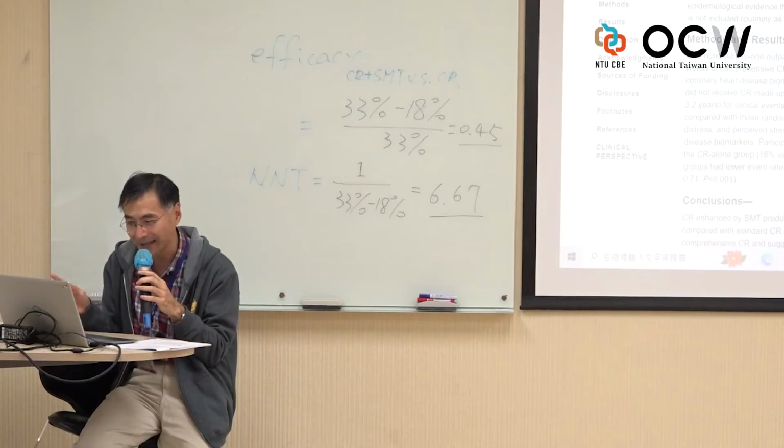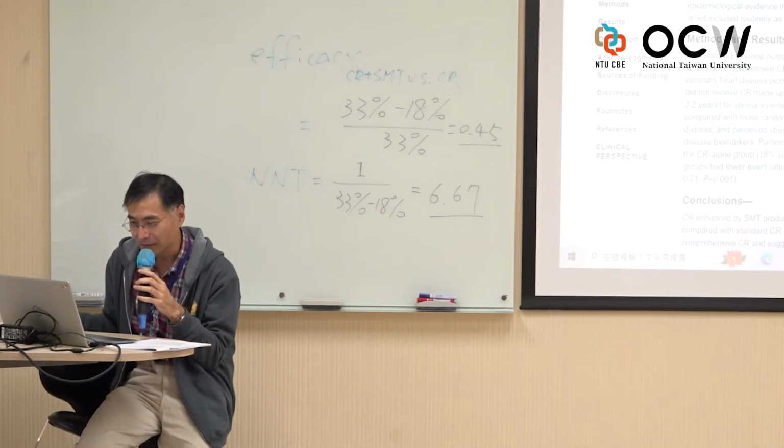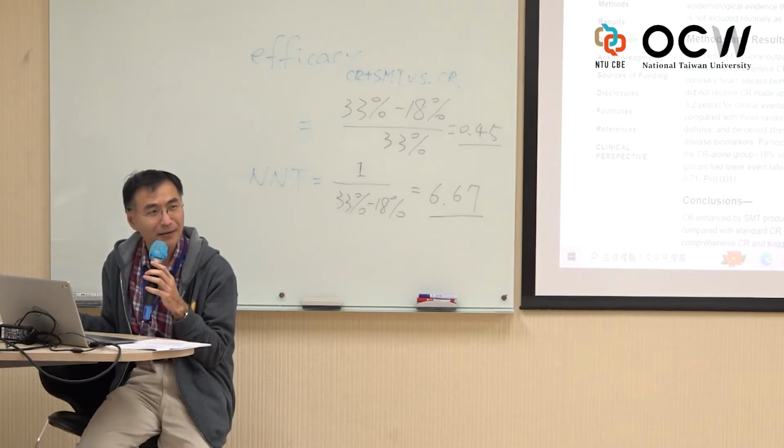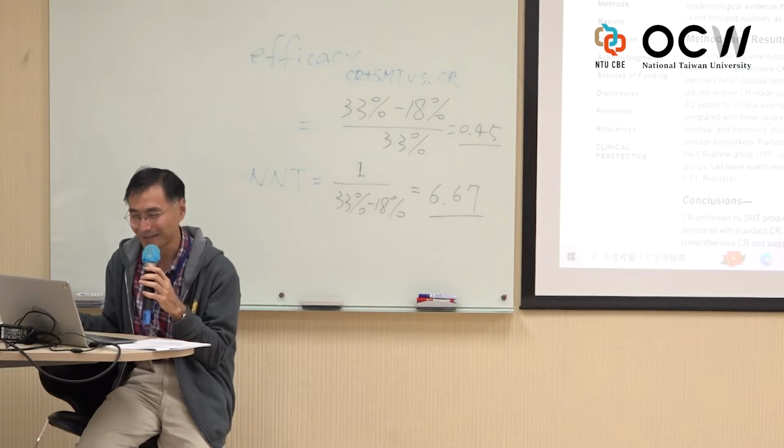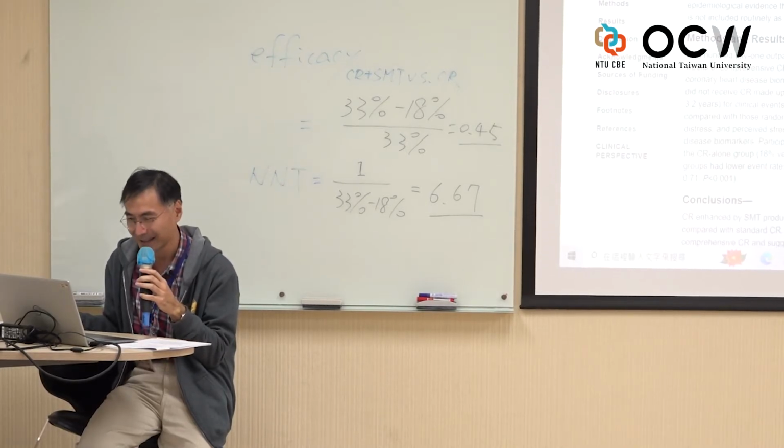that. Just relax. Both the CR groups achieved significant and comparable improvement in coronary heart disease biomarkers. And participants in the CR plus SMT group exhibited lower rates of, see, they call rates. They call it rates here. It's the probability of getting the disease or clinical events compared with those in the CR alone group.